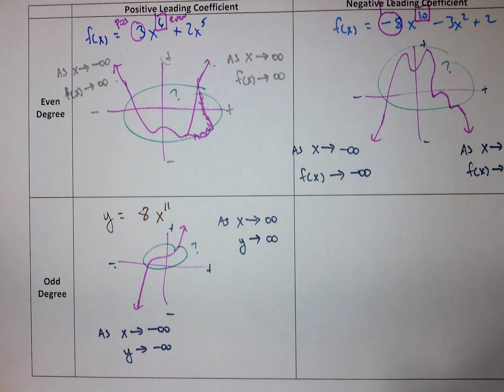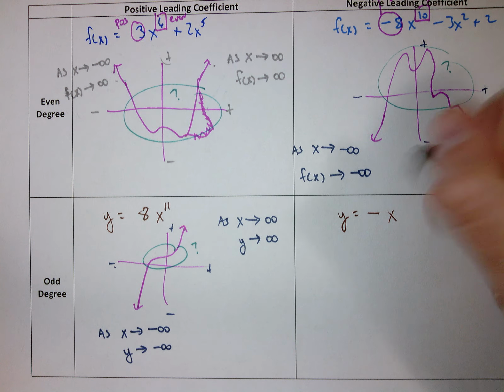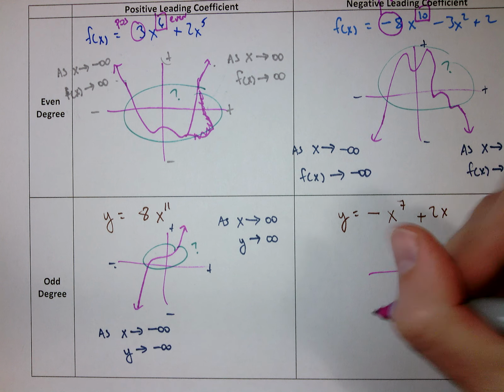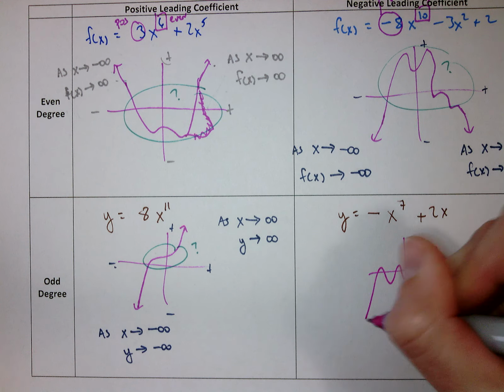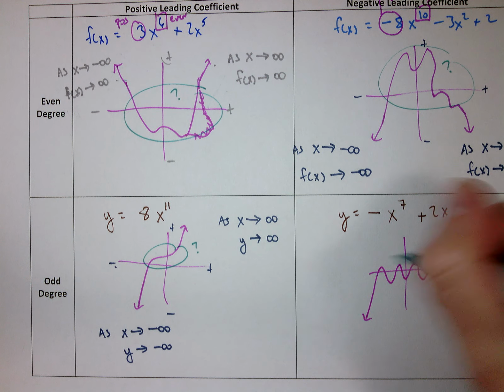All right, and then this last one here. Say we have something with a negative leading coefficient, so negative x to the 7th plus 2x. Again, I don't know what this thing looks like. It could do something like this, but you can't tell what's happening in the middle just by looking at the equation.